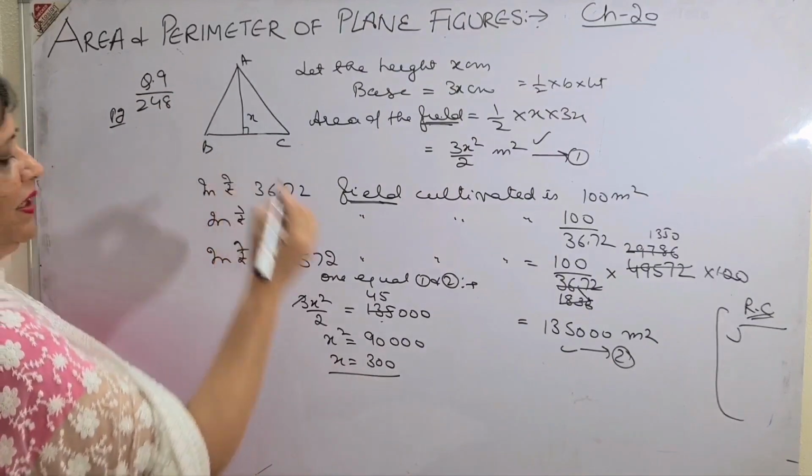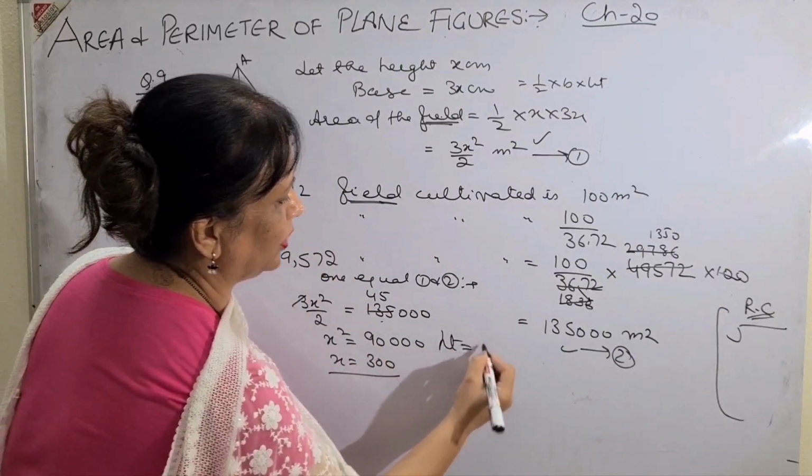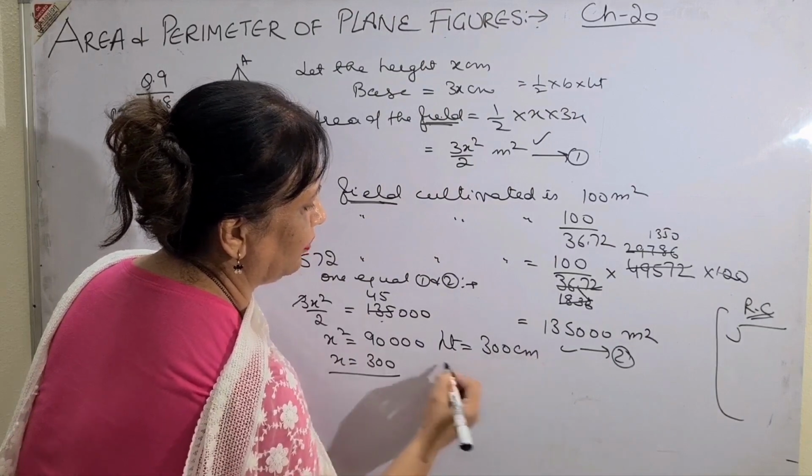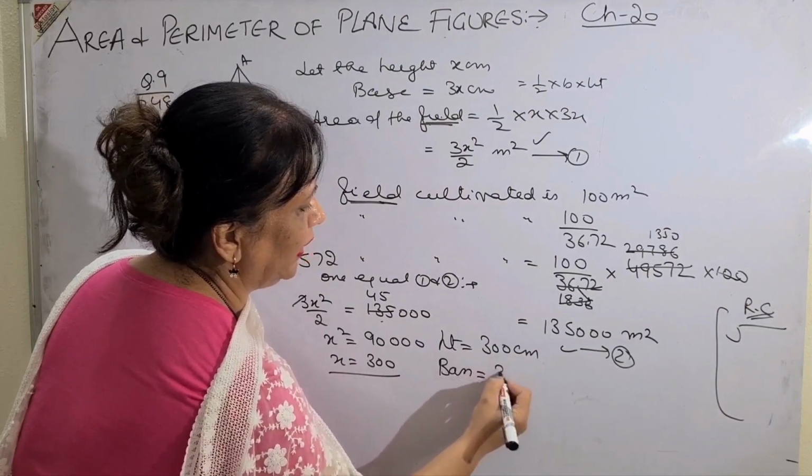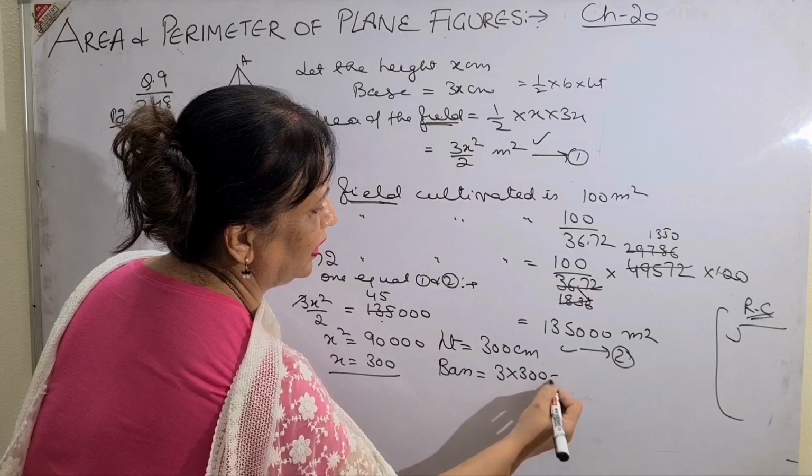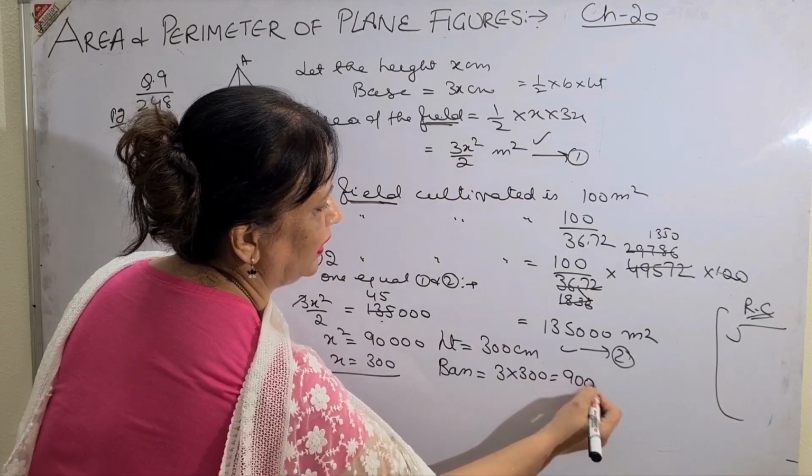But x I have taken to be height, so height is equal to 300 centimeter, and of course base is equal to 3 times the height, that is 300 into 3, 900 centimeter.